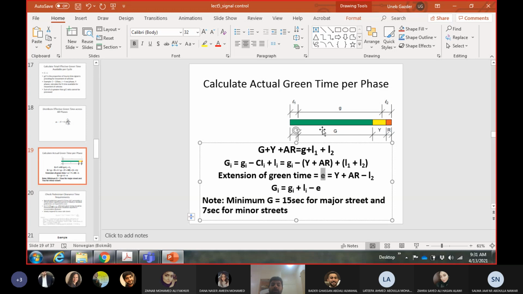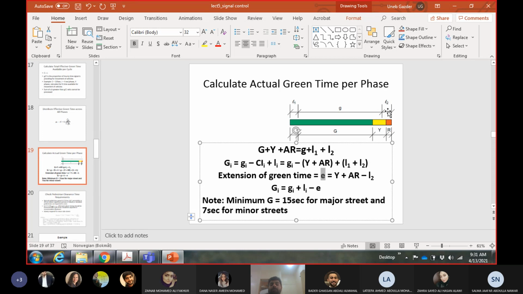So you have the yellow interval and you have the all red time. From them you subtract L2. L2 is the time during which no vehicle will enter the intersection. Obviously they will not enter during all red because the signal is red, and they also do not enter for the last 1 second or fraction of a second of yellow.